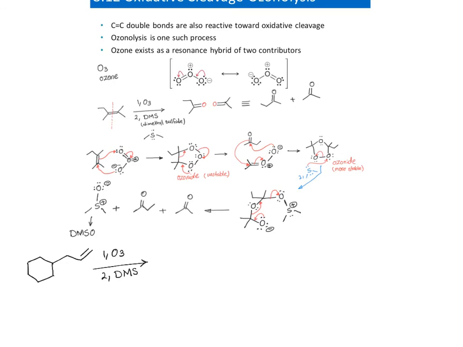So we want to draw the products for this reaction. Now to draw the products, it's pretty easy. So what you need to do, you need to break the double bond. So we are going to form 2 products here.